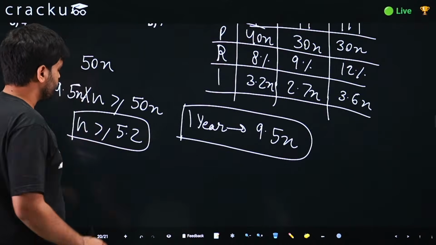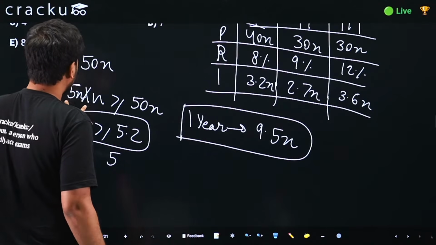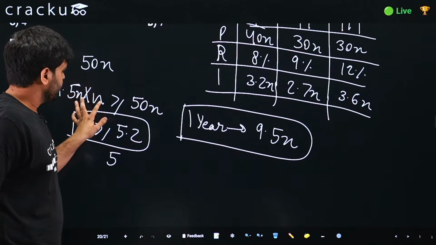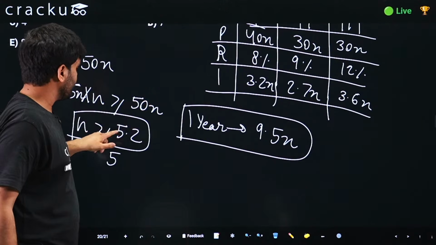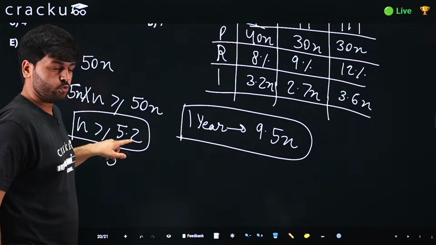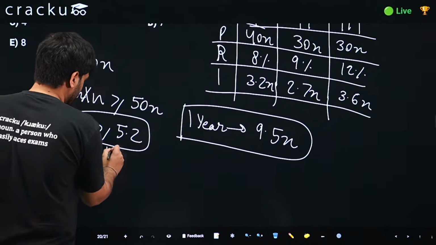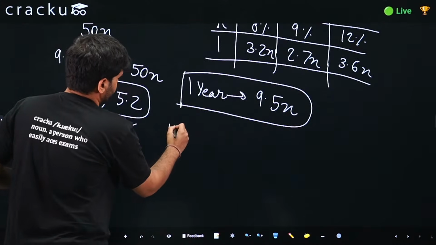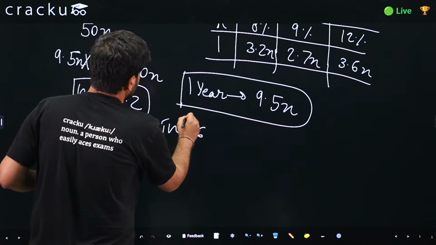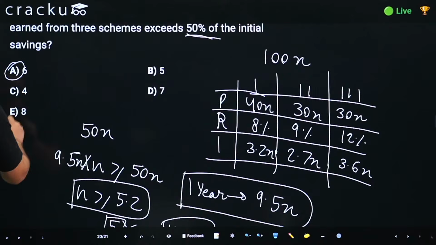Now, if n equals 5, then this value 9.5 into n would be less than 50. This is equal when n is 5.26, something like that. So minimum n can't be 5, it has to be 6. So minimum number of years is 6. Option A.